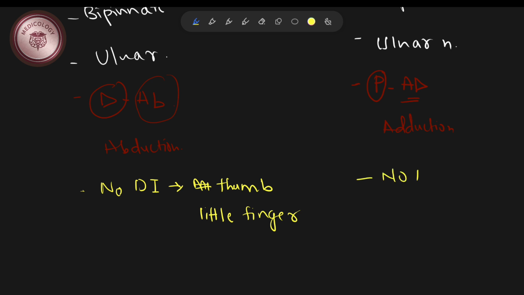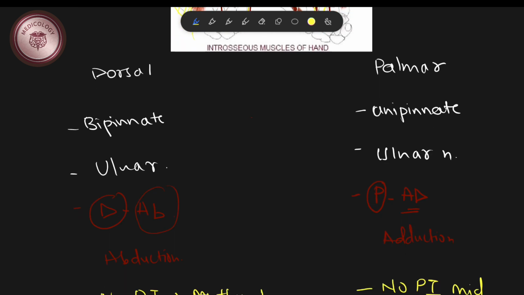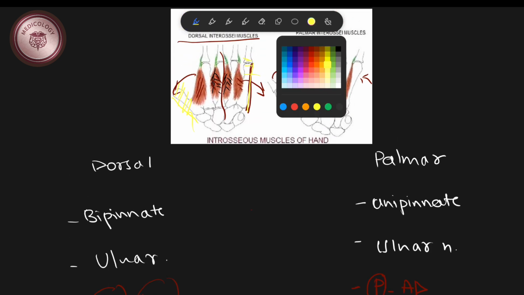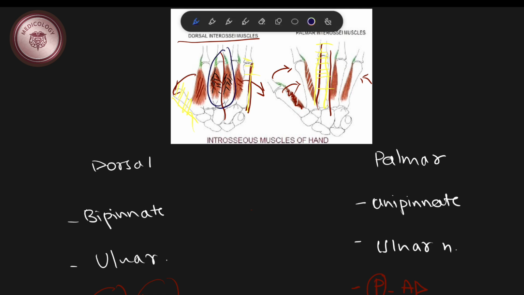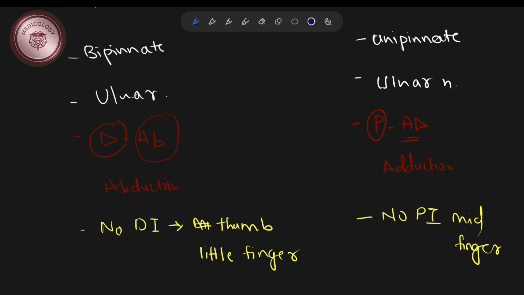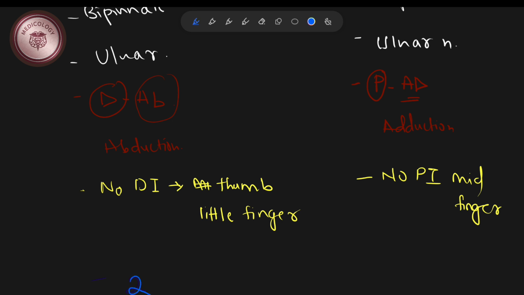Whereas the middle finger has two dorsal interossei, which are bipinnate.